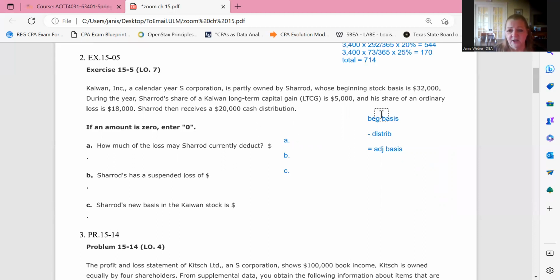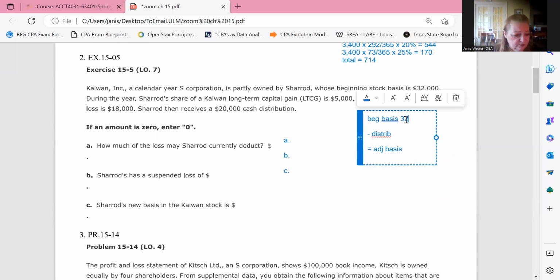To calculate the adjusted basis, we start with the beginning basis of $32,000. Then we reduce it by his distributions of $20,000, which left him with an adjusted basis of $12,000.